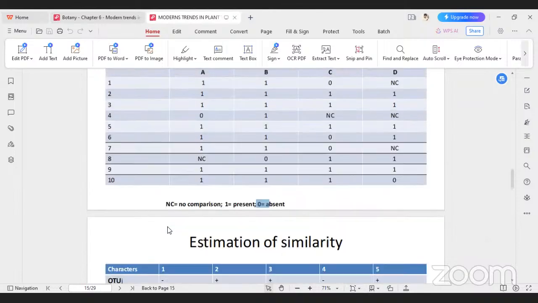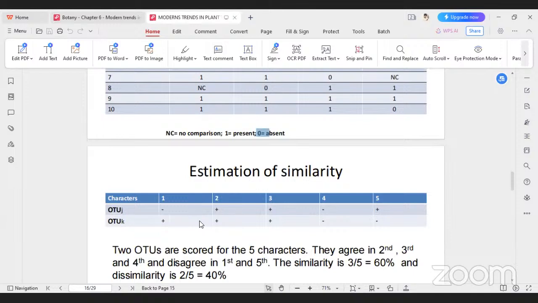Estimation of similarity: again taking characters 1, 2, 3, 4, 5. Similarities minus no similarity, no comparison characters. Here the similarity is only in 2 and 3, where the same character is present. Here one character is absent, one is present.